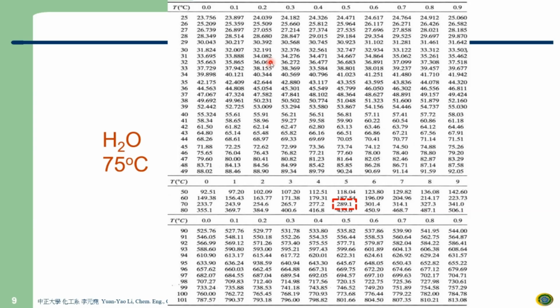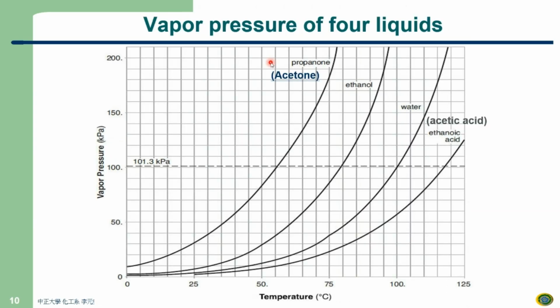Apart from using the table to find the vapor pressure, there are also some charts or figures. You can estimate the vapor pressure roughly. For example, this is water here. You find 75 here, and you go to this line, about 10, 20, 30, 40.